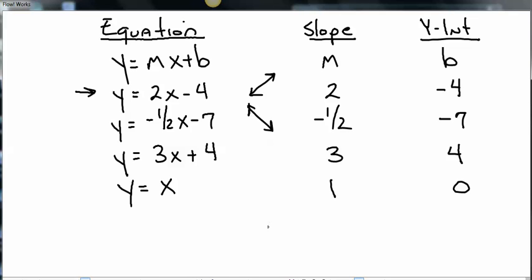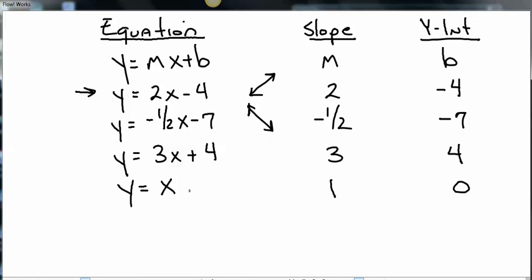That's exactly right. You don't write the 1 in front of the x, do you? And if the y-intercept is 0, you don't write plus 0. So understand that y equals x, the slope is 1, and the y-intercept is 0. What direction does the line go? Up and to the right.